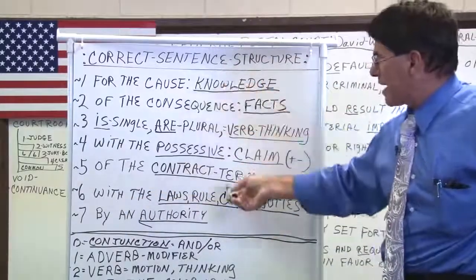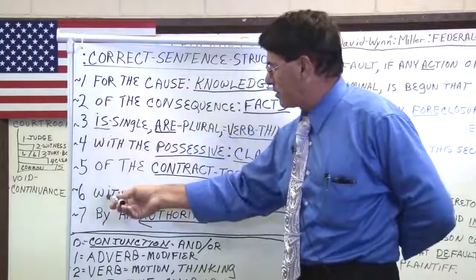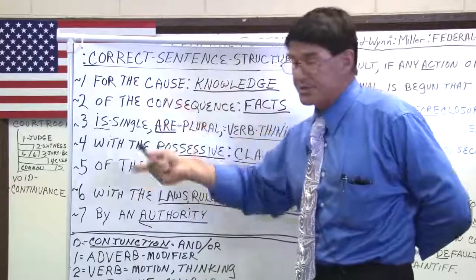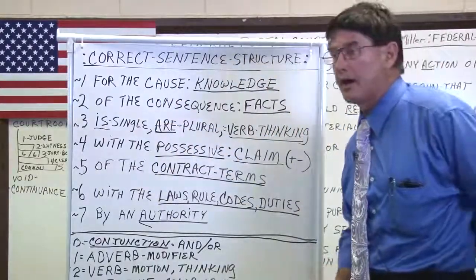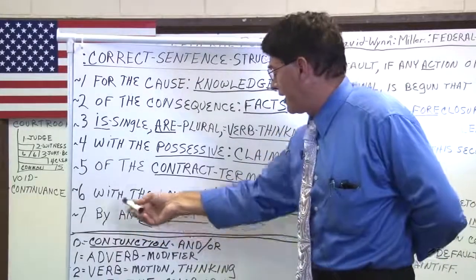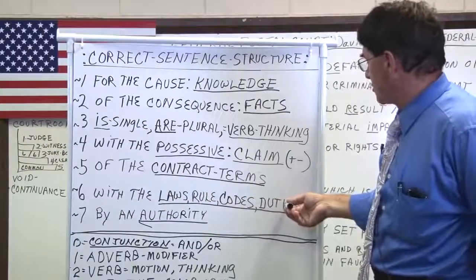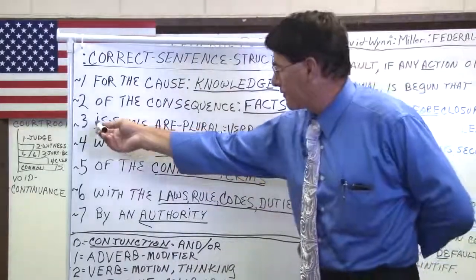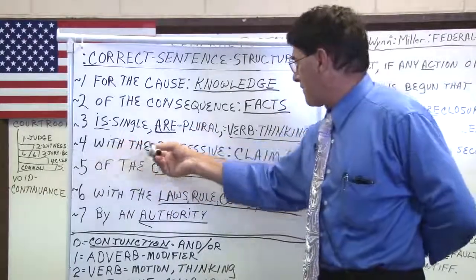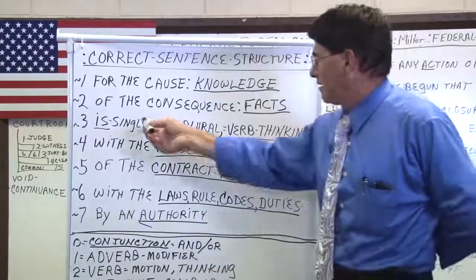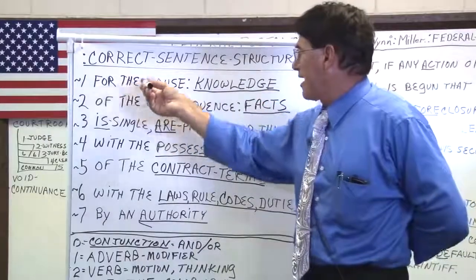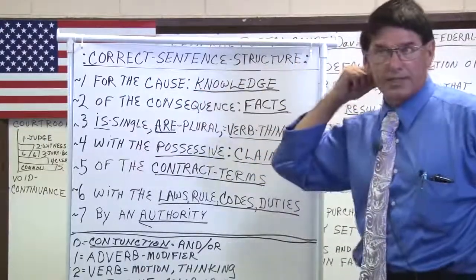Now, if I read this sentence backwards, by would become for, and of would become with, and with would become of, because those are the opposite prepositions, just like over, under, in, out, through, around. So if I read this for and authority of the laws, rules, regulations, and codes, now I can go back up, pick up my verb is or are, with the contract terms of the possessive claim, with the consequential facts by the cause or the claimant's knowledge.